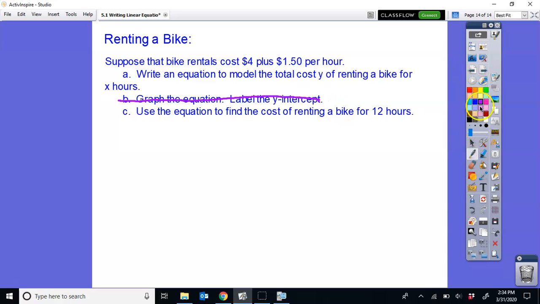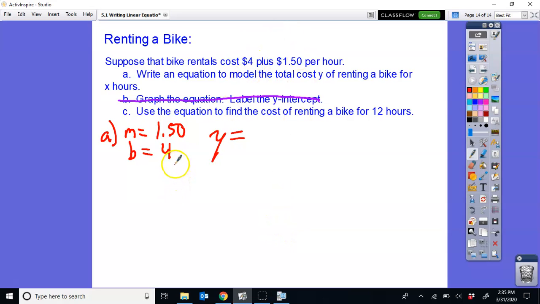So part A here says write the equation. So my M and my B is what I'm looking for. I'm looking for that y equals mx plus b. M is $1.50 per hour. My price is going up $1.50 every hour I use the bike. My beginning amount is $4.